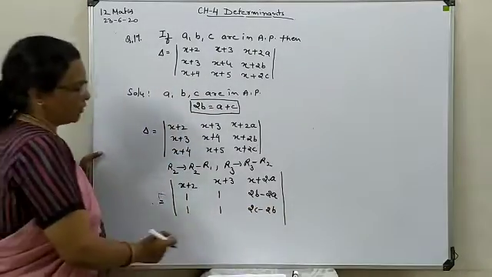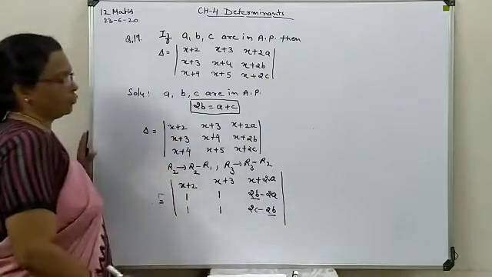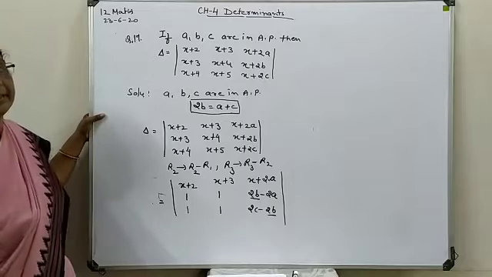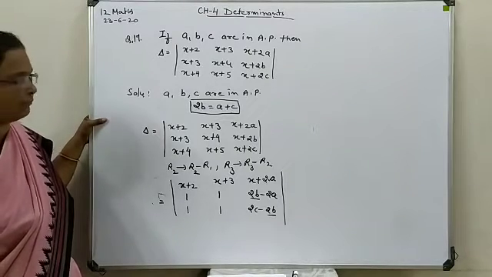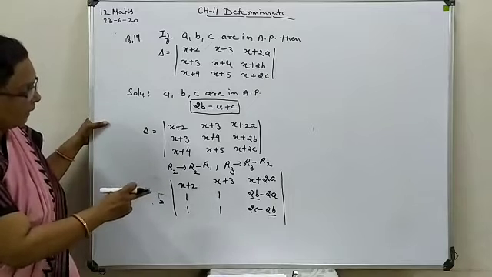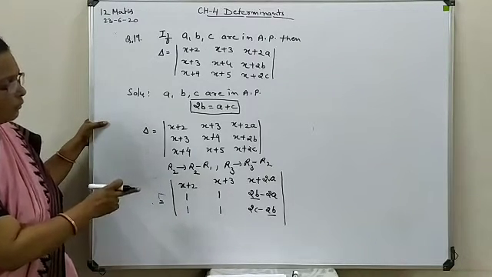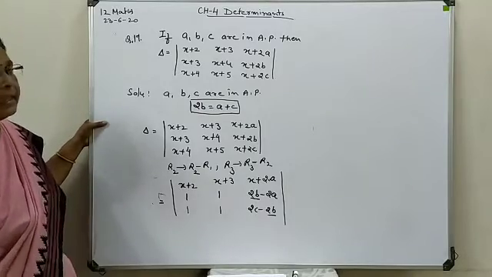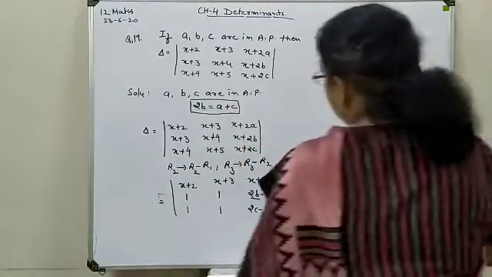In this whole combination you can see at 2 position we are getting 2b. Initially we have written the relation that 2b can be written as a plus c form. So here in the third row and second row we are going to substitute 2b as a plus c. So see what you are getting after substitution.